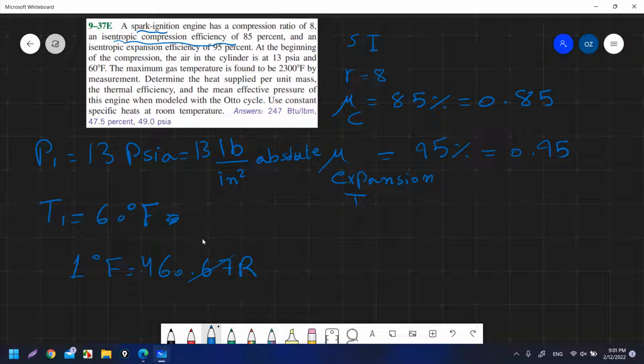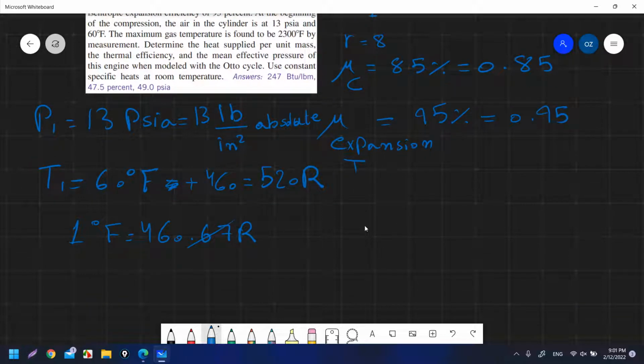So 60 Fahrenheit plus 460 will give you 520 Rankine. So if you need to convert, the temperature in Rankine is equal to the temperature in Fahrenheit plus 460.